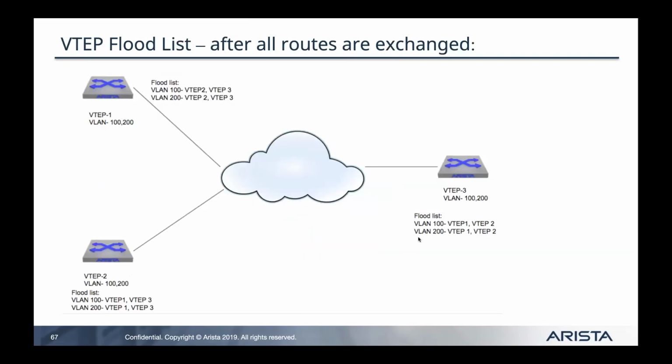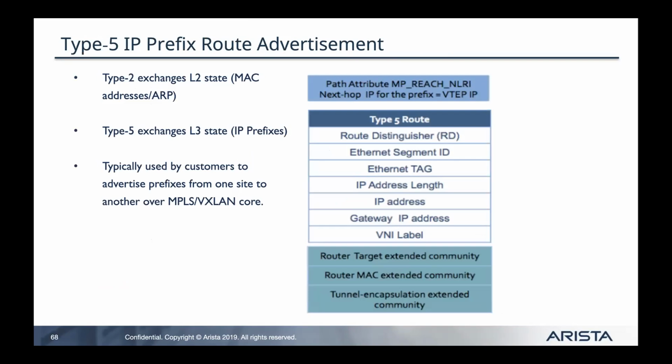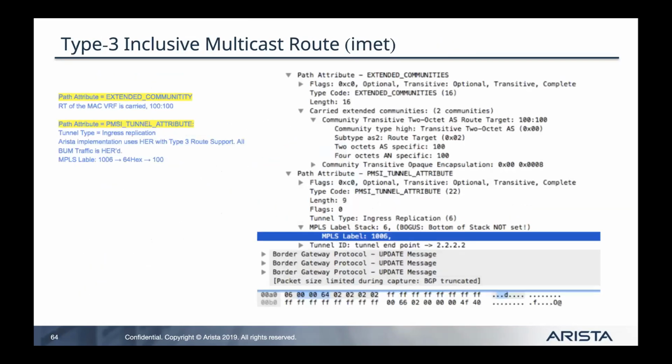For VLAN 200 also, we have to send packets to VTEP 1 and 2, because everyone has said that they have VLAN 100 and 200 available. Based on that information, they will populate the flood list table. This is called the type 3 EVPN route. Any questions?